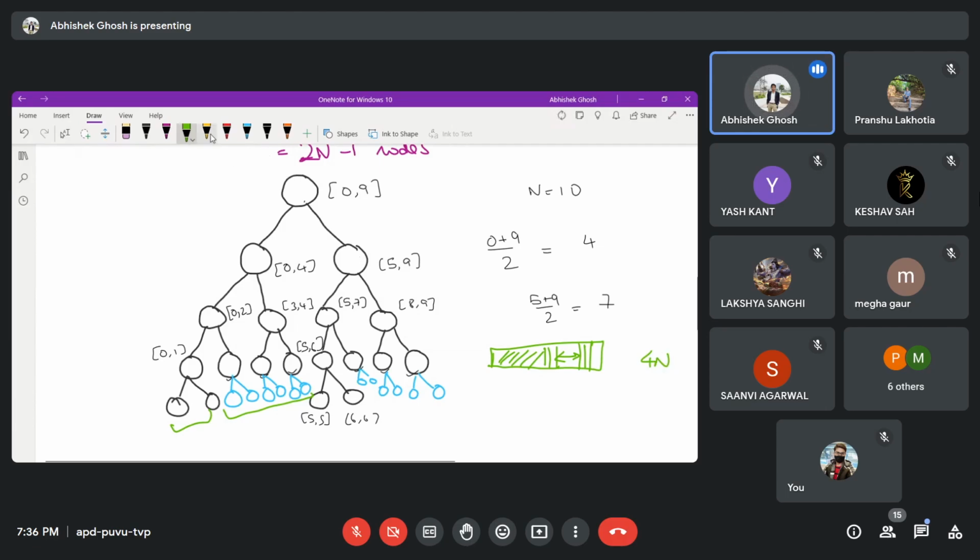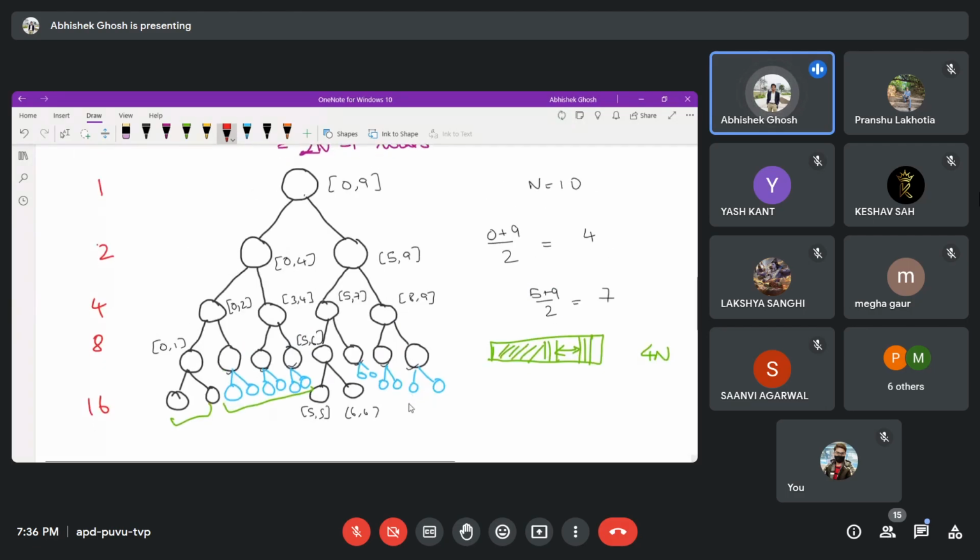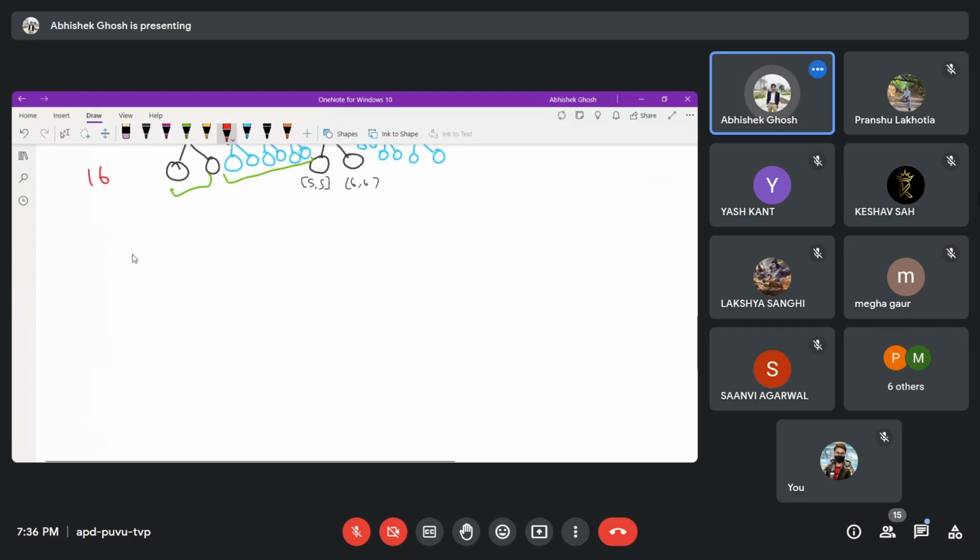As for a formal proof, I think it's taking a lot of time, but I will still dive into the proof. When h is equal to 0, we had one node, then two nodes, four nodes, 8 nodes, and 16 nodes. If I take the sum of all these nodes, I need to count these useless nodes too. So the sum would be 1 plus 2 plus up till 16, or I can write it as 2 power 0 plus 2 power 1 plus up to 2 power 4.